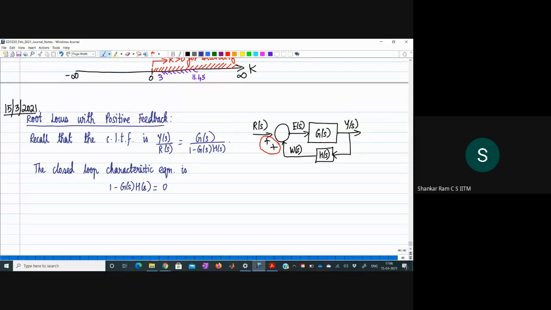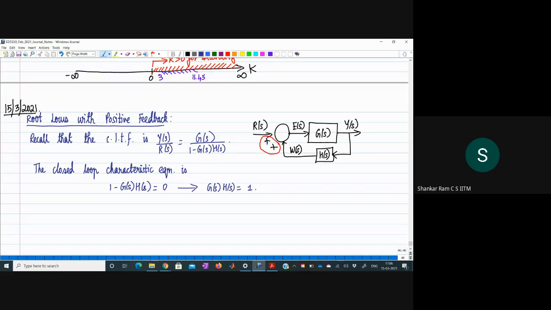So now the question becomes, what will happen with this particular closed loop characteristic equation? So we rewrite it once again as G of S H of S equal to plus 1.